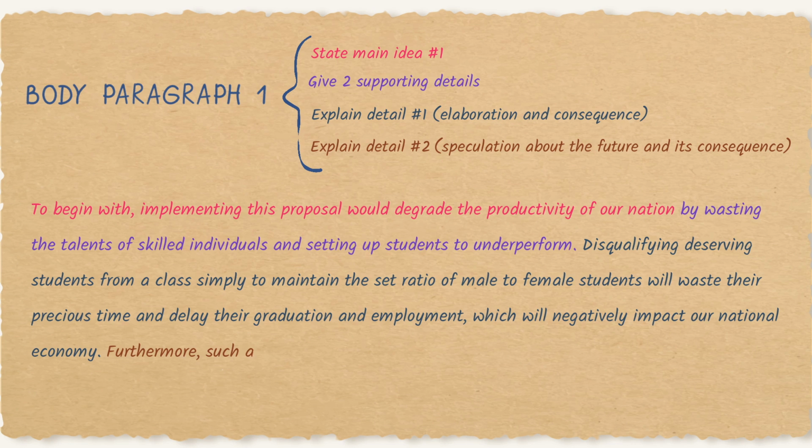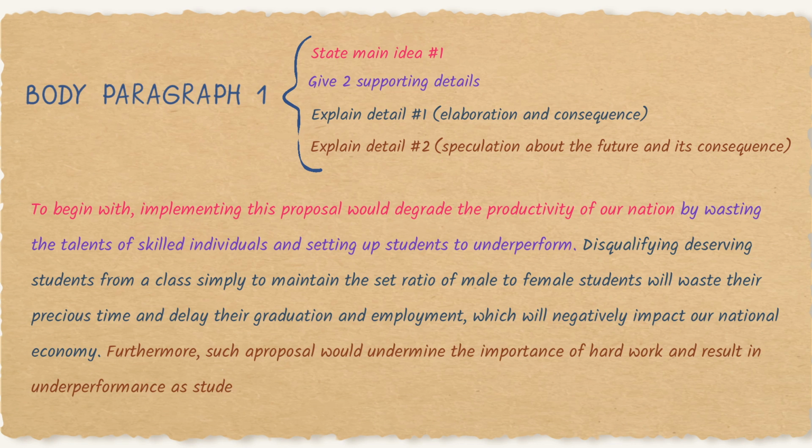Furthermore, such a proposal would undermine the importance of hard work and result in underperformance as students learn to rely more on their gender for admission than their competence. So I speculate and then I talk about its consequence on the individuals, the society or the students.